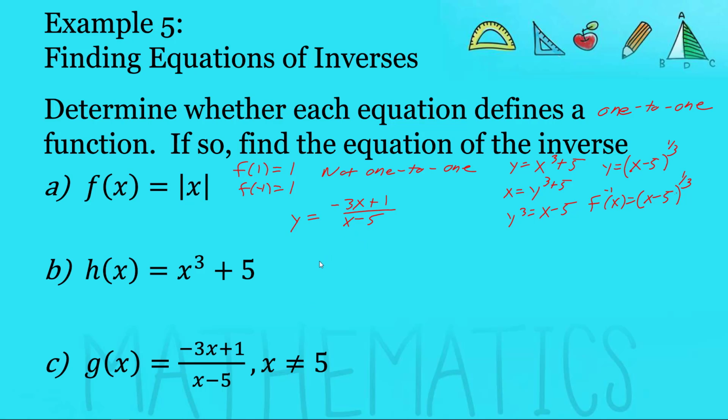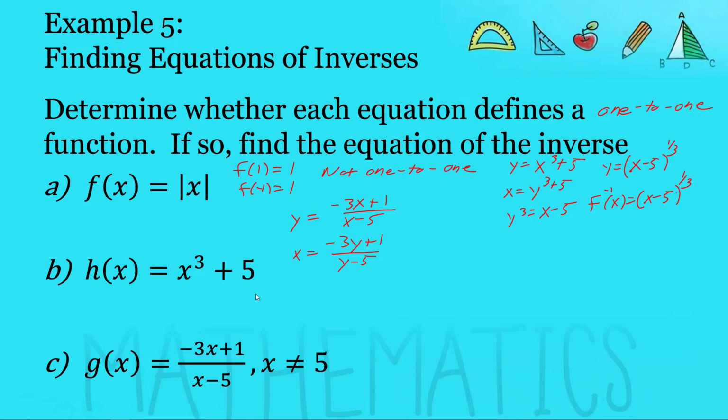Now I'm going to swap out my x's and y's. That's going to give me that x is equal to negative 3y plus 1 divided by y minus 5. Now I want to solve for y, so I can get rid of my denominator.